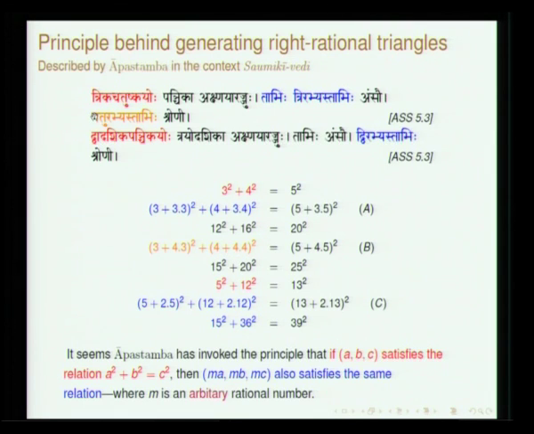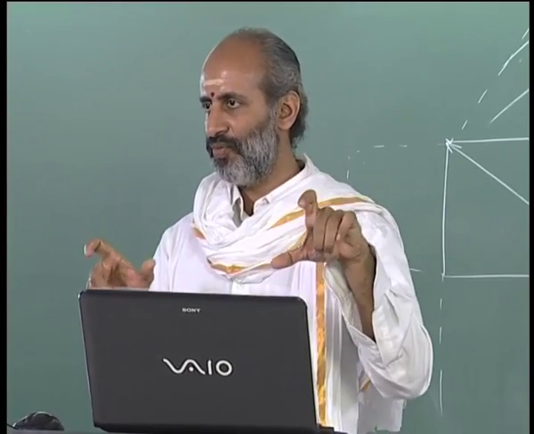In that context, we find these sutras in Apastamba, Trika Chatushkayoho Panchika Akshnaya Rajjuhu. See, Trika Chatushkayoho Akshnaya Rajjuhu, as I told you, is the hypotenuse. If the sides are 3 and 4, then Akshnaya Rajjuhu is 5.